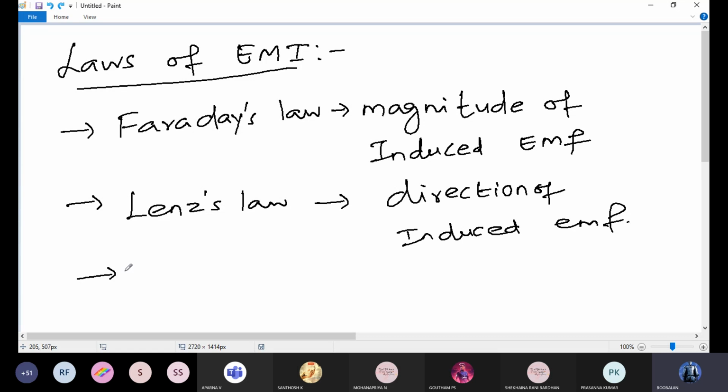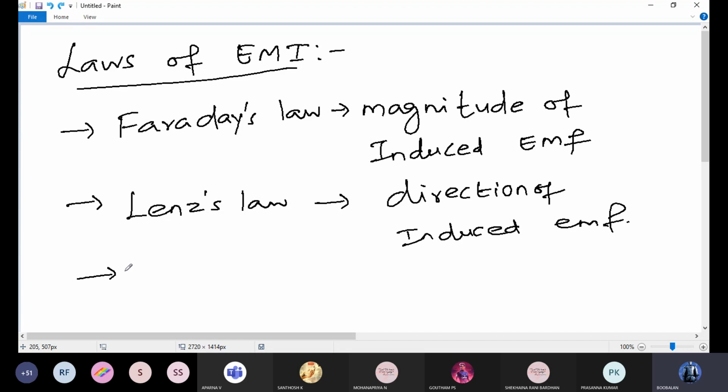Faraday's law of electromagnetic induction has a first law and a second law. The first law: changing magnetic flux produces induced EMF. Simple definition, changing magnetic flux produces induced EMF. Second law: the rate of change of magnetic flux is equal to the induced EMF.